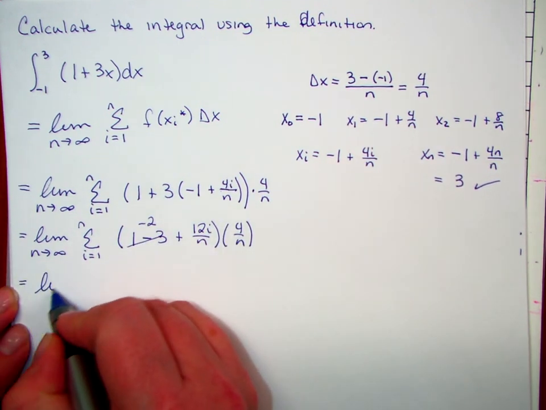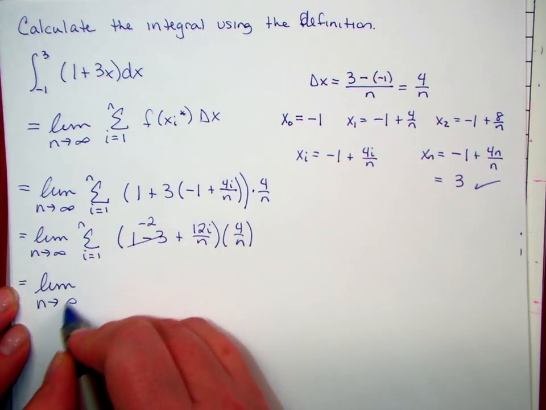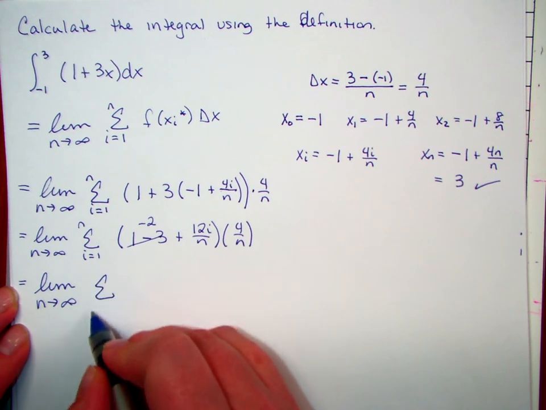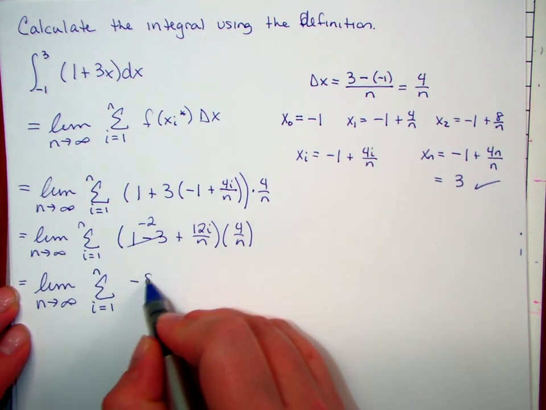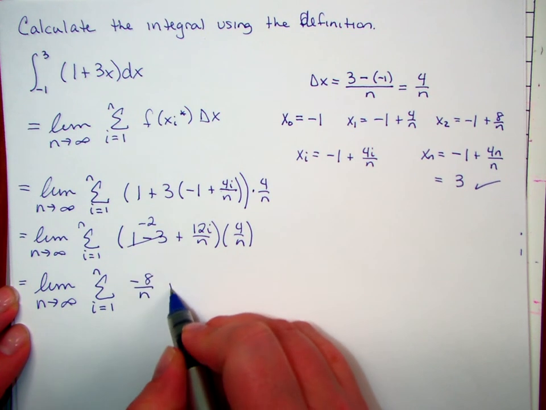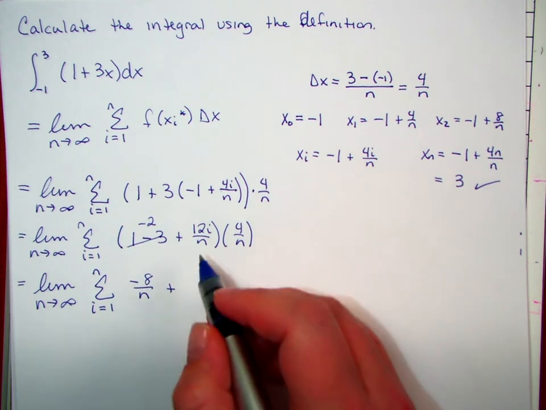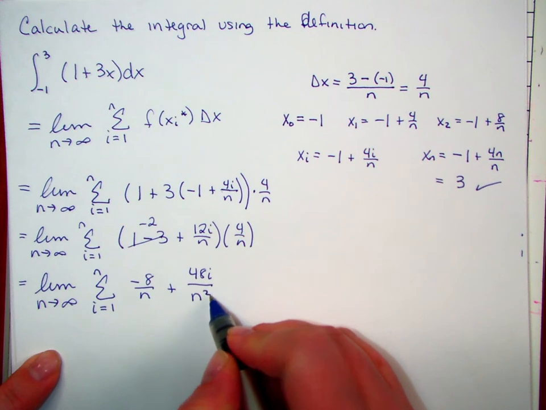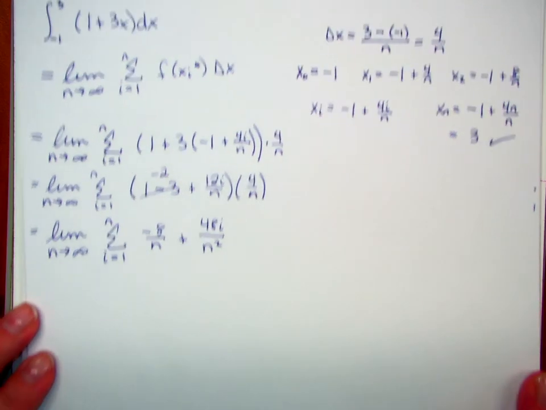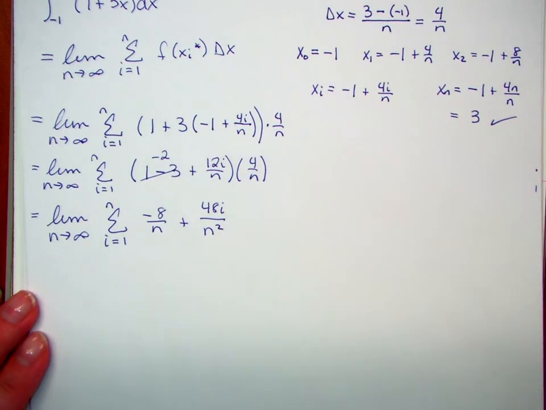So I'm going to get the limit as n goes to infinity of the sum from 1 to n, negative 8 over n plus 48I over n squared. Okay, so there it is, all multiplied out.